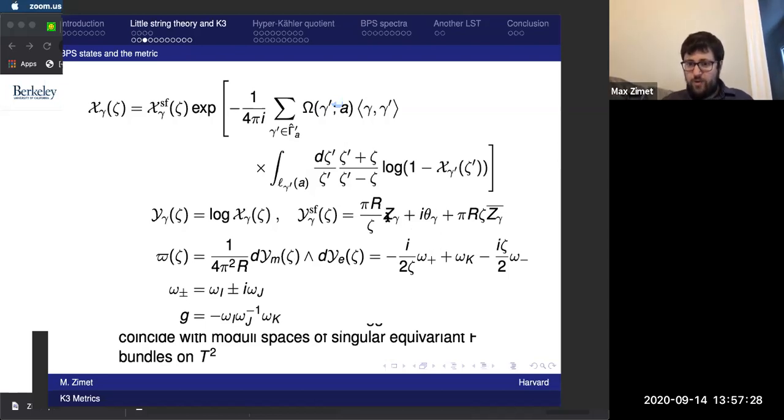K3 has a whole 58-dimensional moduli space, and those parameters show up in this function Z gamma and this theta gamma. Namely, when gamma is a flavor charge, valued in the global symmetry lattice, those are just mass parameters of the little string theory. They're not dynamical, and those correspond to the moduli of K3, whereas the Z electric and Z magnetic correspond to the coordinates on K3.